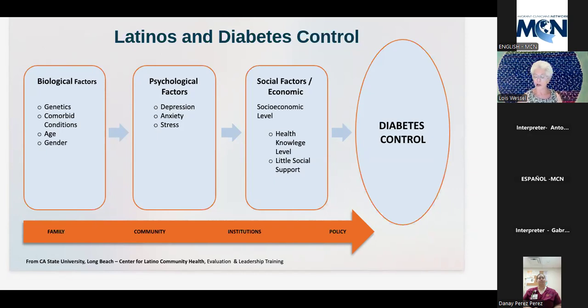And so we talk about all of the factors that can lead to good control or bad control of your diabetes, and what role the family plays, or the community plays, or the institution plays, including people's health knowledge, their social support, their socioeconomic factors, and how all of those things come to play in diabetes control.